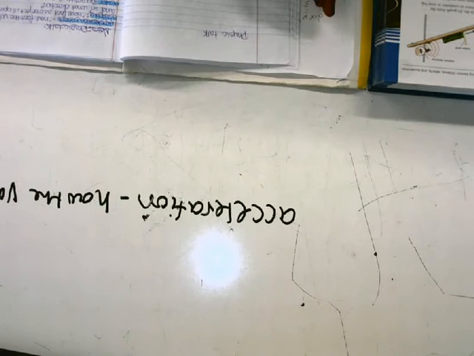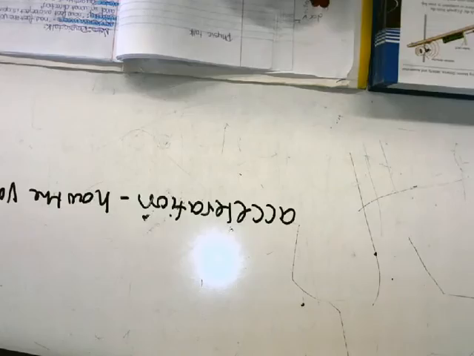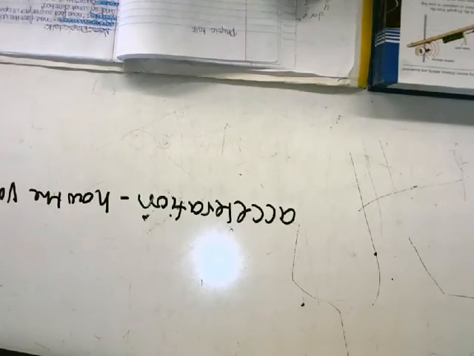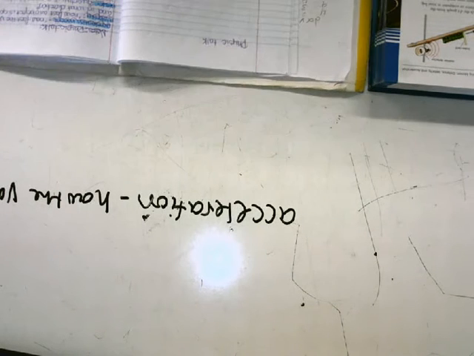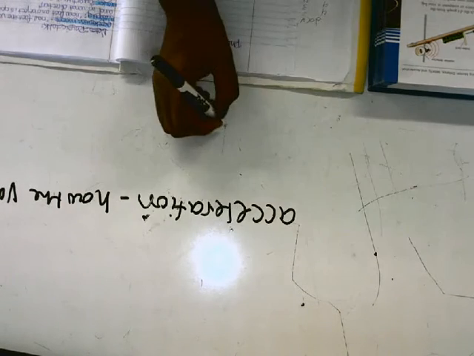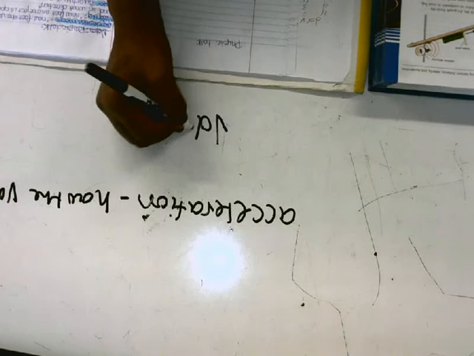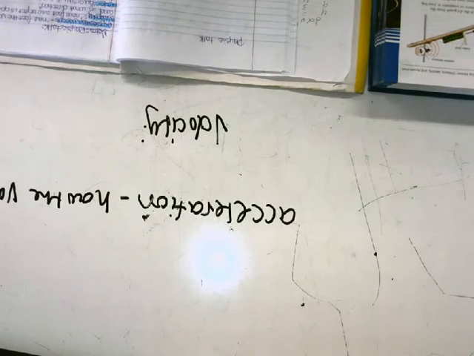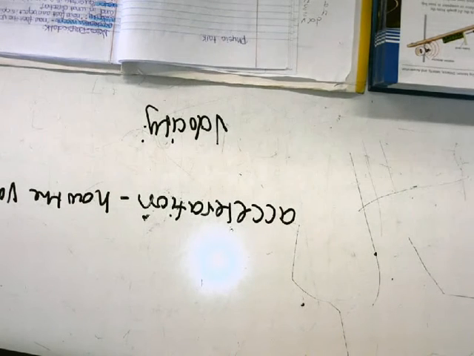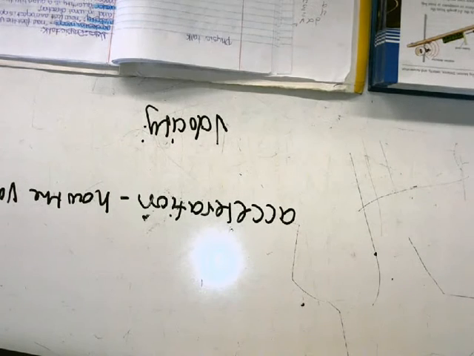The definition of velocity is how fast the object is going, its speed, and what direction it is going in. Velocity is a vector, which means a quantity that has both magnitude, size, and direction.